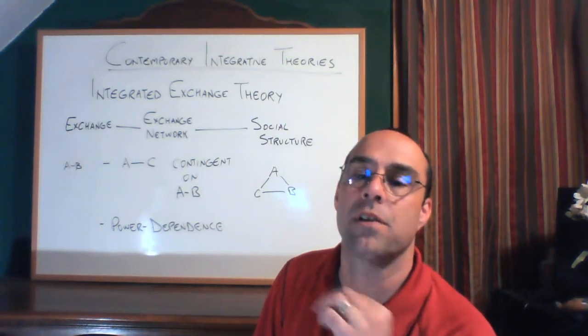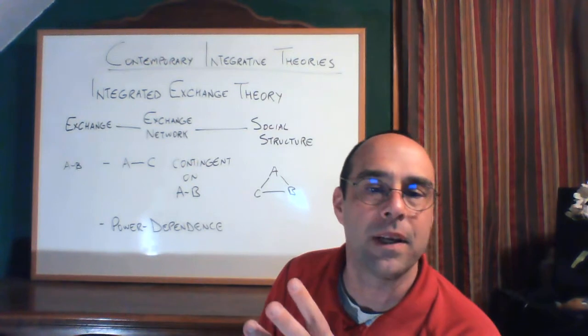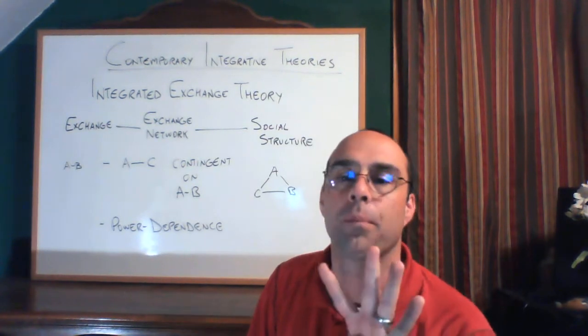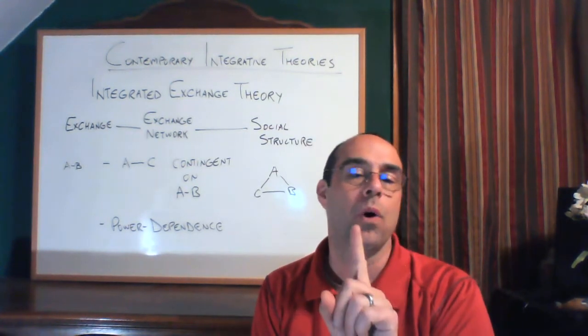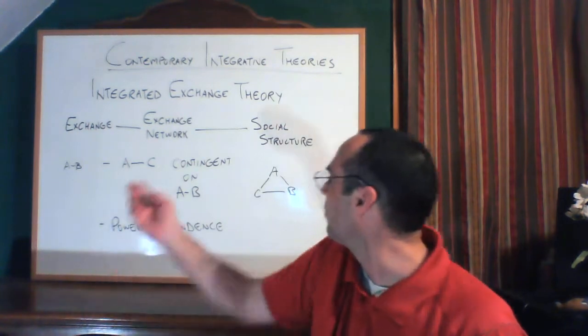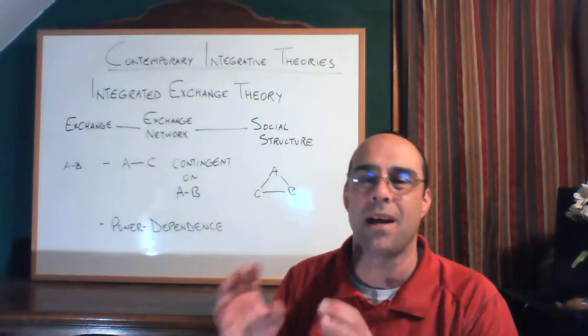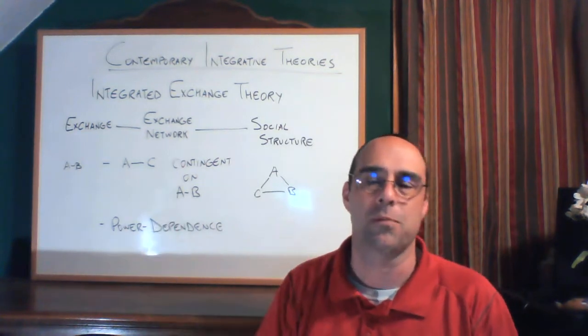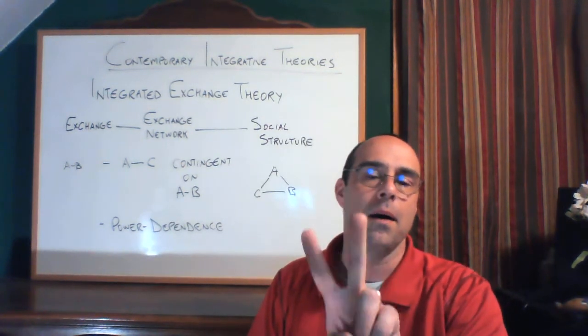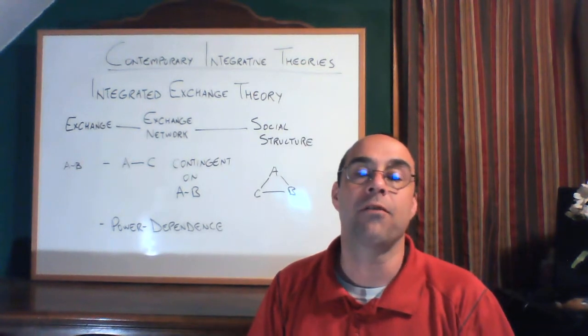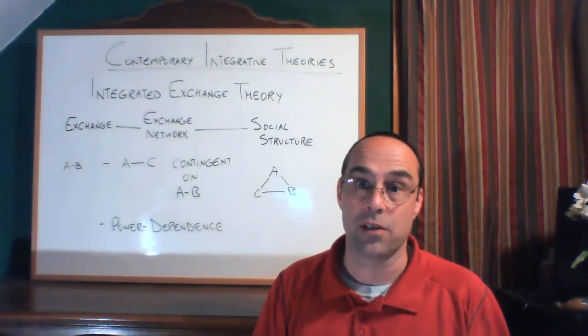Basically, exchange networks involve four premises. Premise one is a number of actors. Here we've got a small possible network of three people, but you can imagine expanding that out. Premise two is there have to be a variety of valued resources.